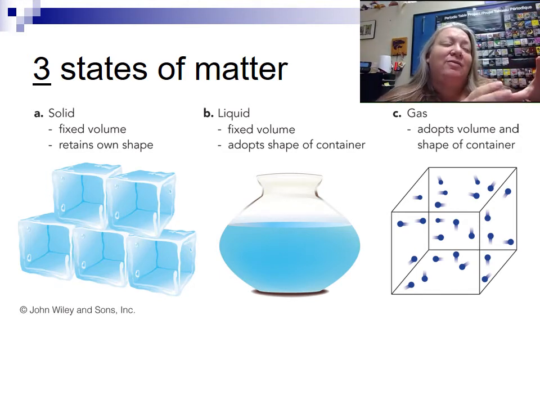Now, if we could give that object a little more kinetic energy, those molecules or atoms or ions, whatever they might be, can actually move past one another. They lose what are called intermolecular attractions and they can flow. So they're still pretty tightly packed, but not as tightly packed. They aren't stuck in a seat.